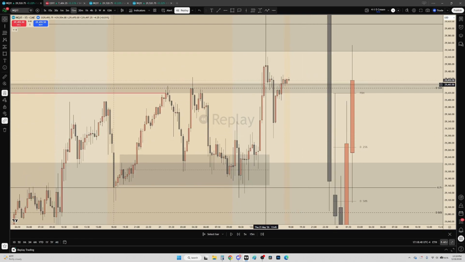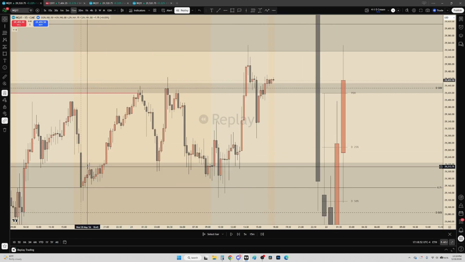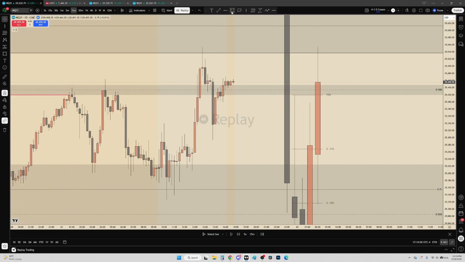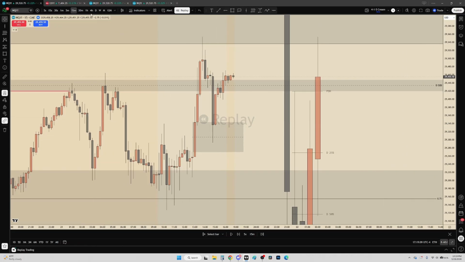And then when 1 o'clock came around on Thursday, that is what created the candle body. So that was our bullish move to the upside. And then we pulled back deep into this fair value gap there. Look at that. Nice, clean touch into that fair value gap on the 15-minute chart.